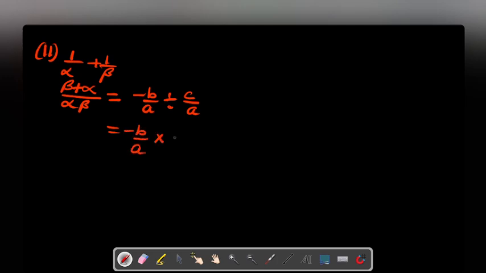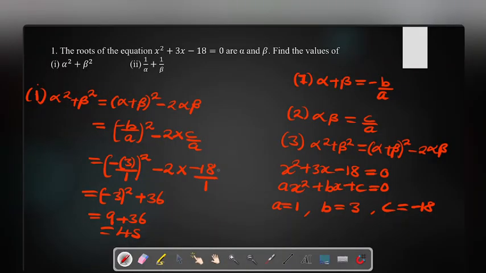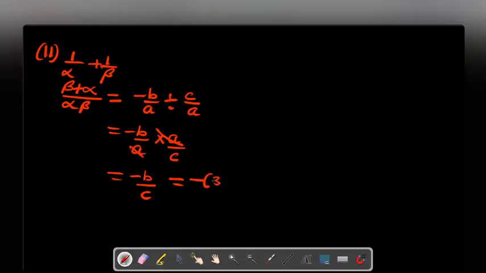Then here we'll multiply. When we introduce a multiplication symbol, a will be on top, then c will be down. So you can see that a and a can cancel here. What we have is negative b over c. So negative b over c is equal to negative, open, then from here we can see that b is positive 3.